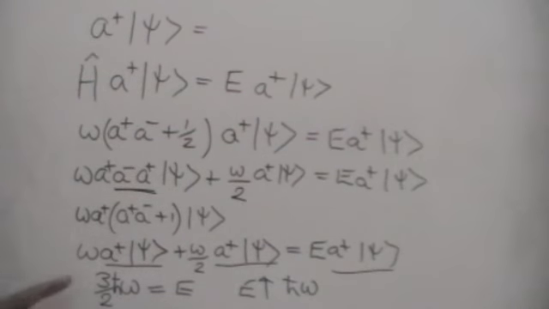Having got to the new state, if we acted again with A plus, we would get to 5 over 2 h bar omega. And if we acted with A plus again, we get to 7 over 2 h bar omega. A plus just keeps pushing the energies up by a quantized amount of h bar omega.